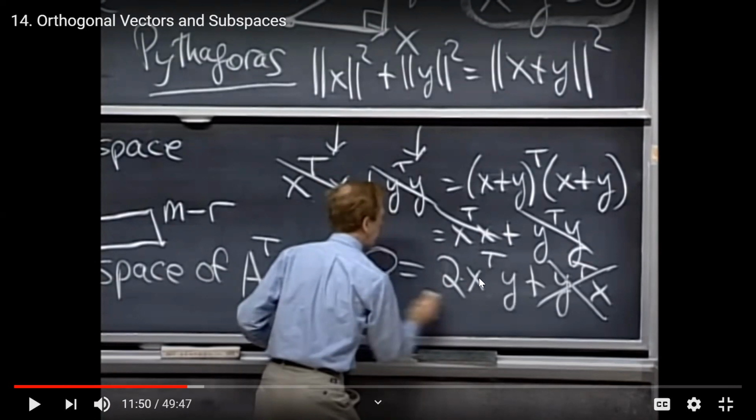And this number can only be 0 if we are sure that x is orthogonal to y. So when we have orthogonality between two vectors, then x transpose y or y transpose x will give you a 0. So this is the basic condition behind it.